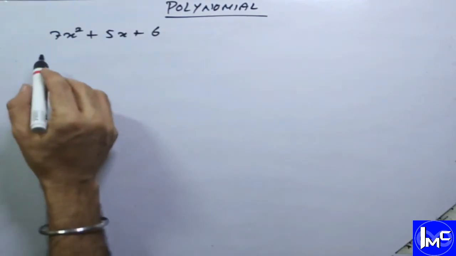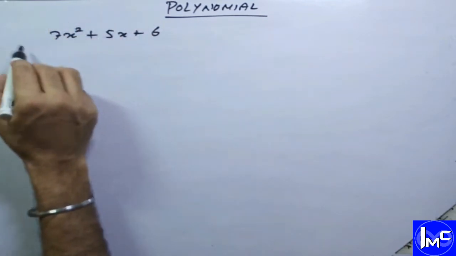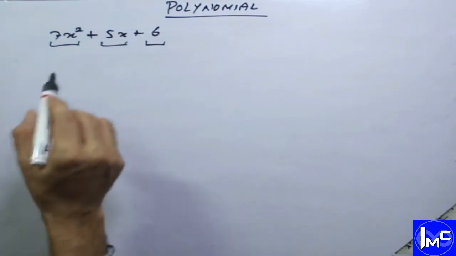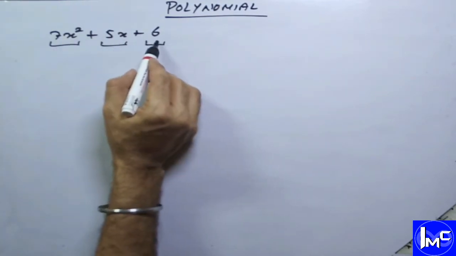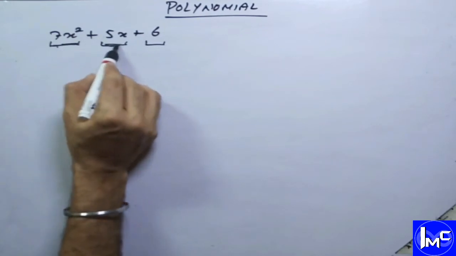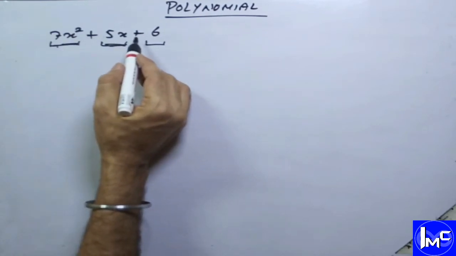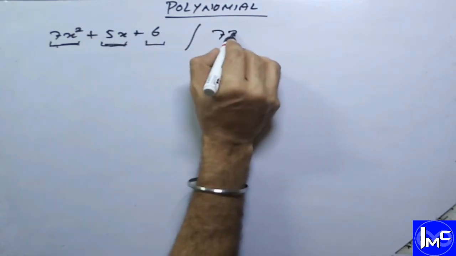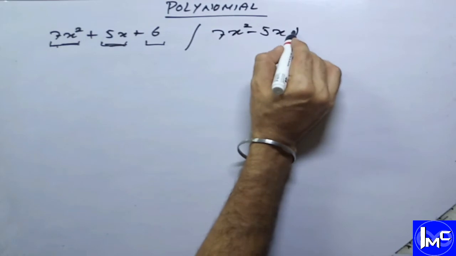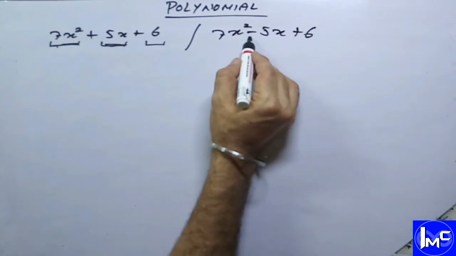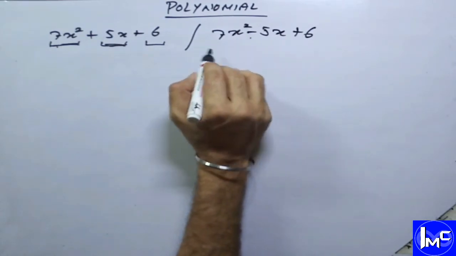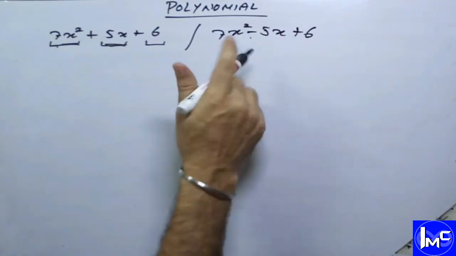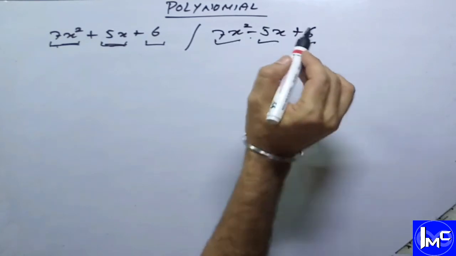You can see this polynomial is split into 3 parts, so it has 3 terms. These are called the terms, which are split by the signs plus or minus. We can also take 7x square minus 5x plus 6, etc. This can be plus or minus, and these signs will split the polynomial into different parts. These are called terms of a polynomial.